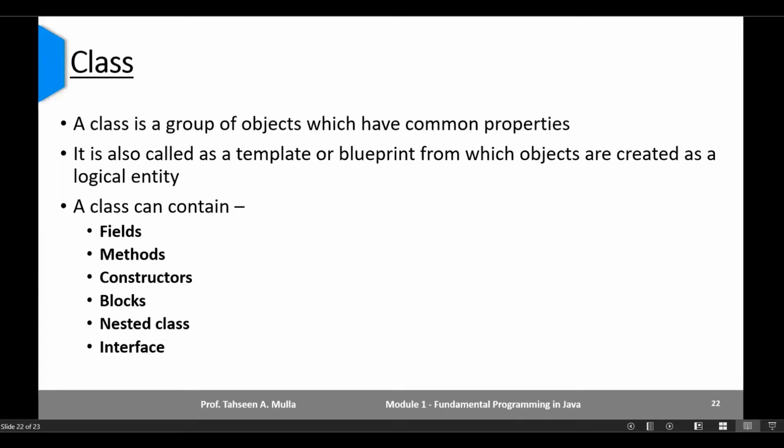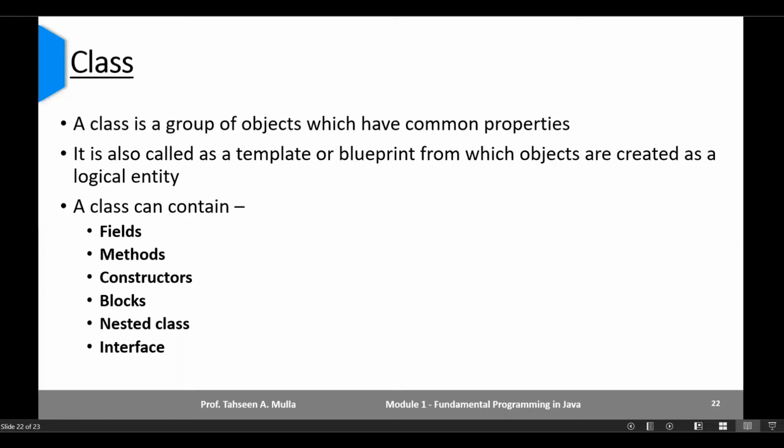as a logical entity. Now see, an object will deal with the real-time entity. It will be dealing with the physical world, not with the logical world. What a class does is, whatever object attributes are defined, it tries to implement them in a logical part.